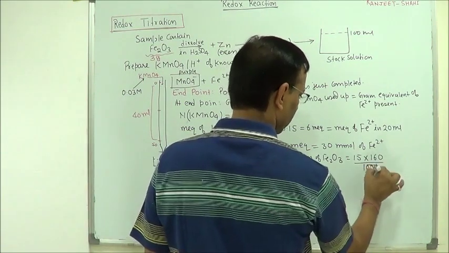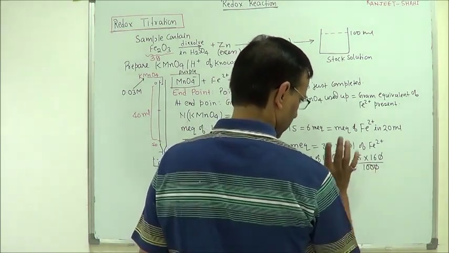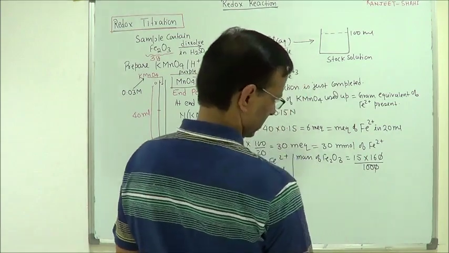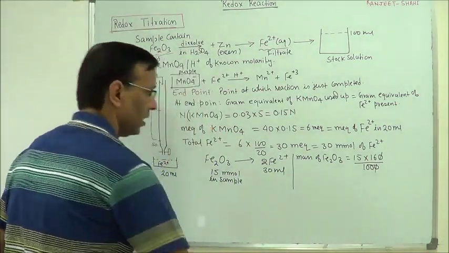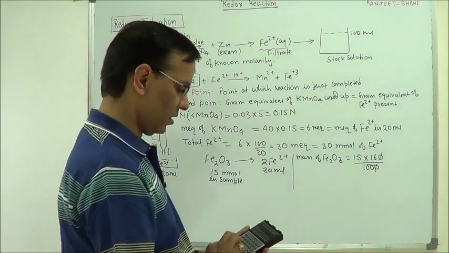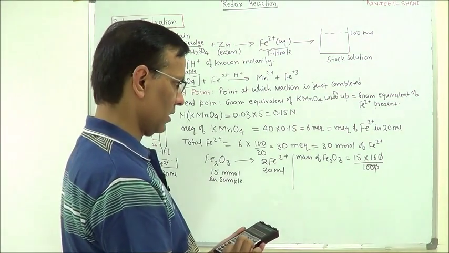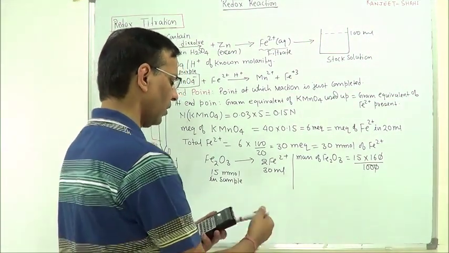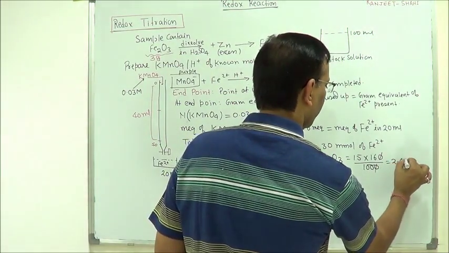If we calculate it, it would be 15 into 16 divided by 100, 2.4 gram. So it comes out to be 2.4 gram.